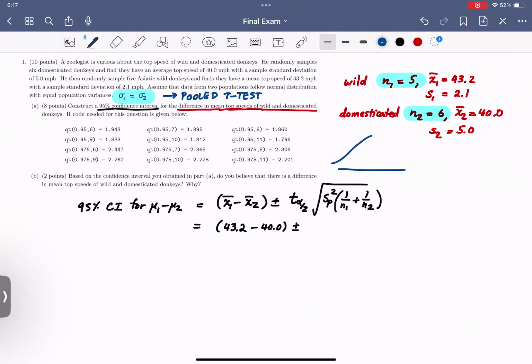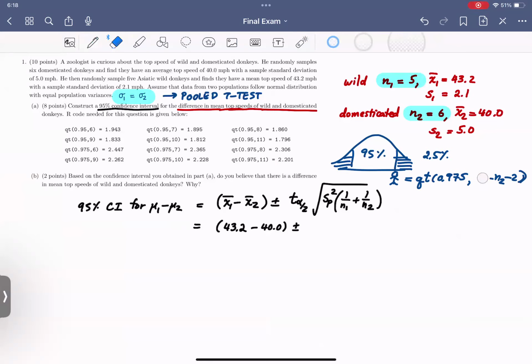Because you want a 95% confidence interval, you need 95% in the middle, and then you have 5% in the tails, so you need 2.5% in each tail. So this means you're going to use qt 0.975. The degree of freedom is going to be n1 plus n2 minus 2. And that is 11 minus 2, which is 9.